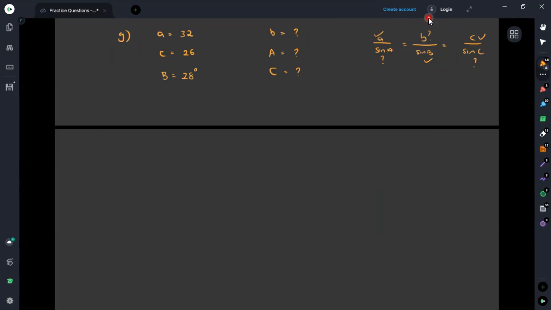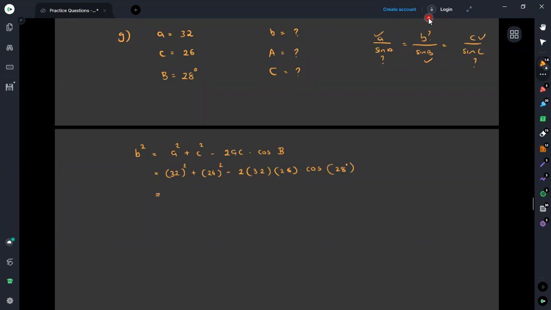We know the two sides and the angle B, so we can easily find the length of the side B. We take B squared is equal to A squared plus C squared minus 2 times AC times cosine B. If you substitute the values, A is 32, C is 26, minus 2 times 32 times 26 times cosine of B, which is 28 degrees.